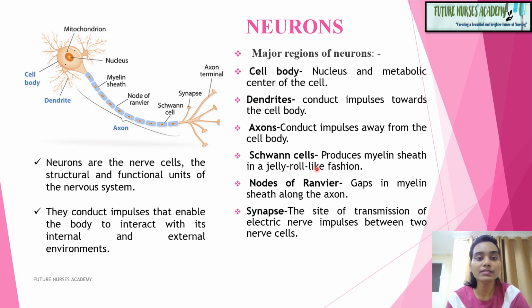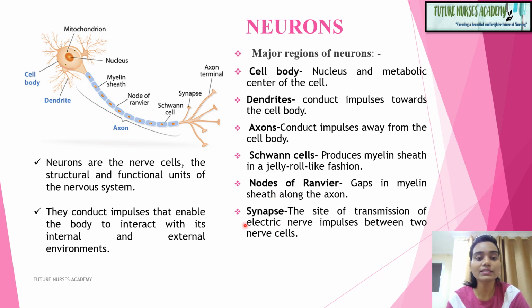Schwann cells help to produce the myelin sheath. What is the myelin sheath? It is the outer covering of the neuron, and these are the protecting cells. The node of Ranvier is a space between two axons.